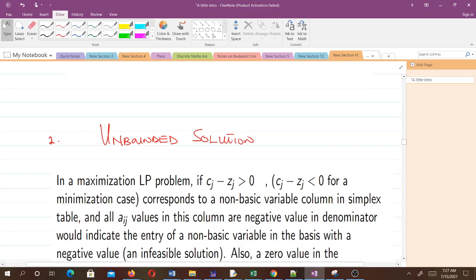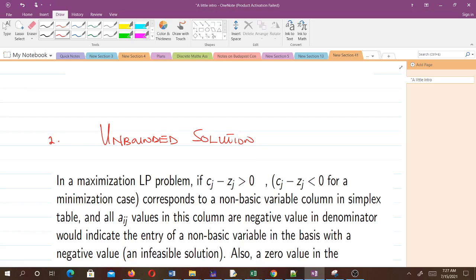Then let's go to unbounded solution. So in a maximization LP problem, if Cj minus Zj is greater than 0, or if Cj minus Zj is less than 0 for a maximization case, that corresponds to a non-basic variable in a simplex table, and all Aij values in this column are negative value in denominator.